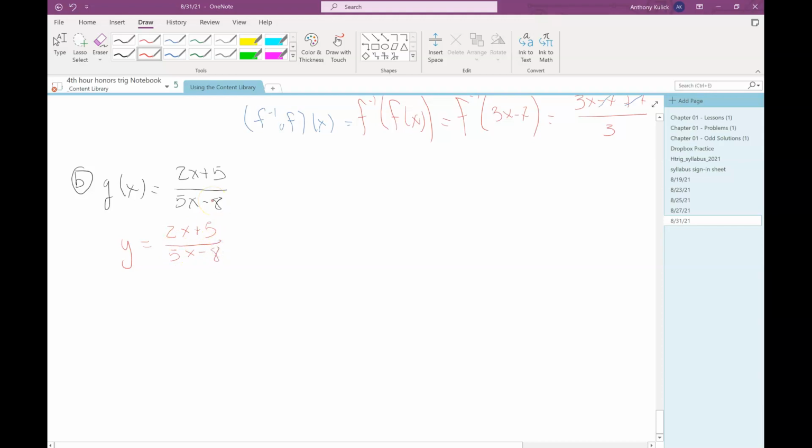And my goal here is going to be to get the x's by themselves on one side of this equation. I think the easiest way to start is to cross multiply to clear the fraction out of there. Is everybody okay with that?